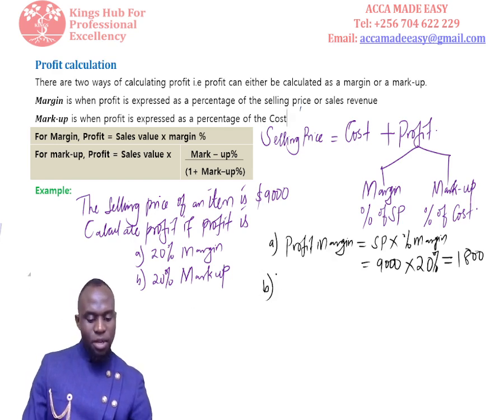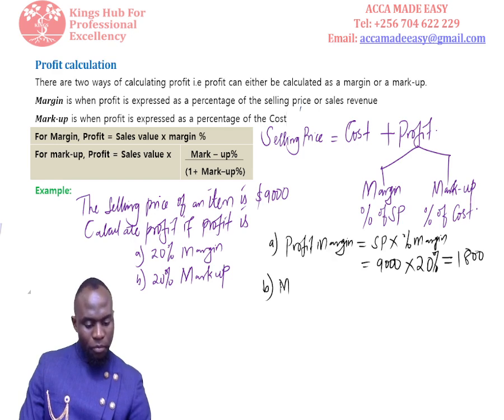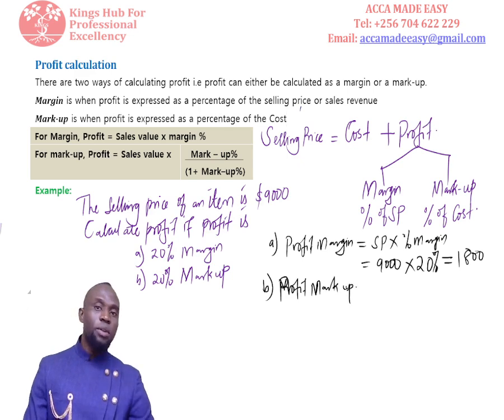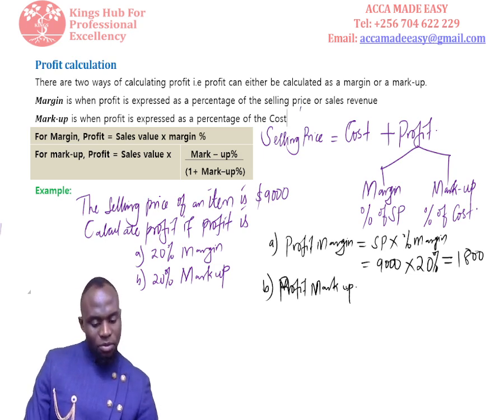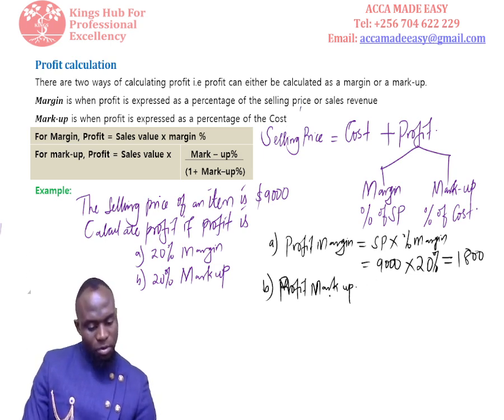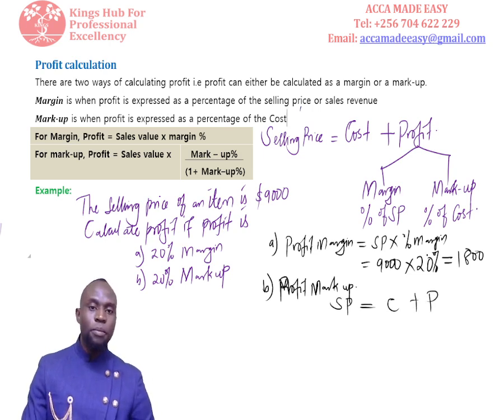Then we look at part B. Now part B is the one for markup. How do we calculate profit markup? We said this is when profit is expressed as a percentage of the cost. So I will use this formula: selling price is cost plus the profit.